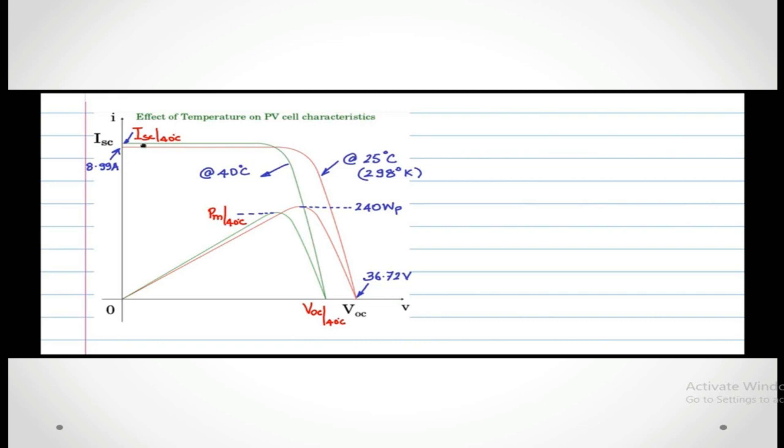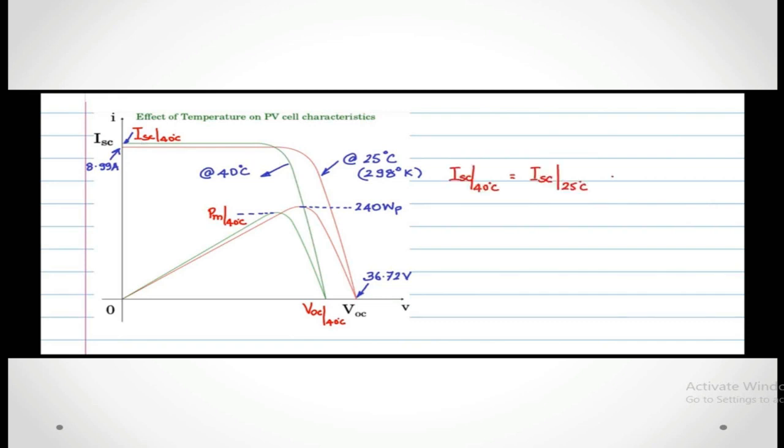So we need to find a formula so that we can find the values of ISC, Pmax and VOC at any temperature. Okay, we need to evaluate them. So let us try to find a formula so that we can calculate the three values at any temperature.